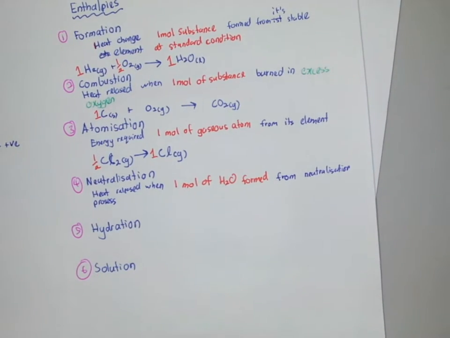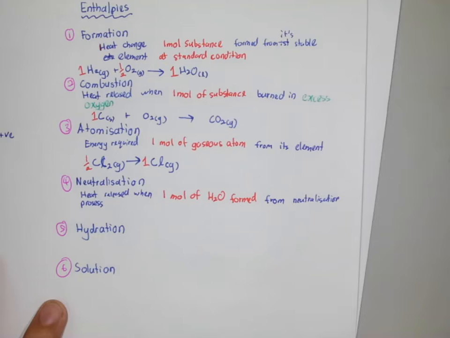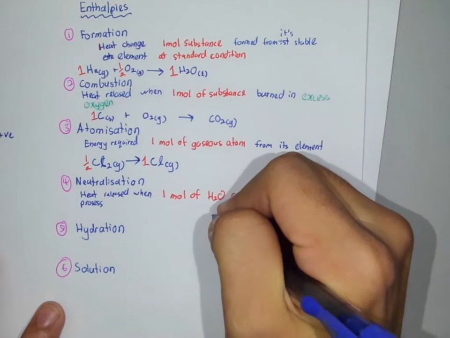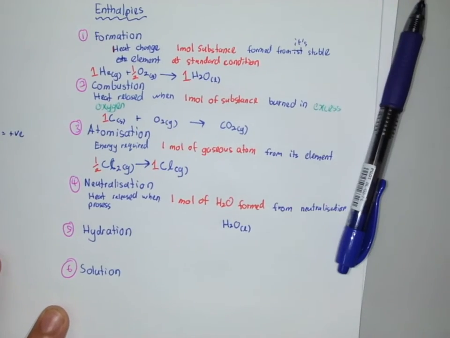So it means that we need to make sure it is 1 mole of water. So let's look at the example. So we need H2O in 1 mole.